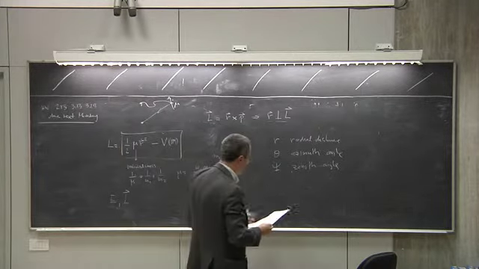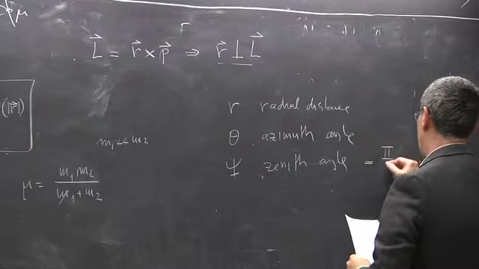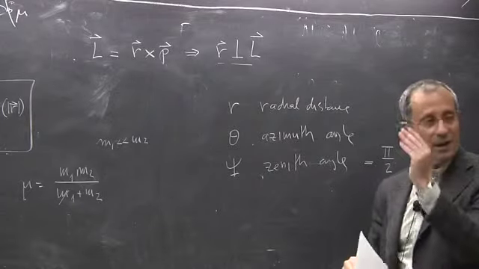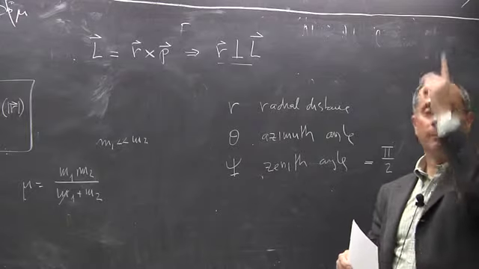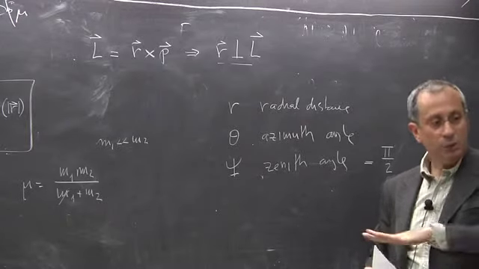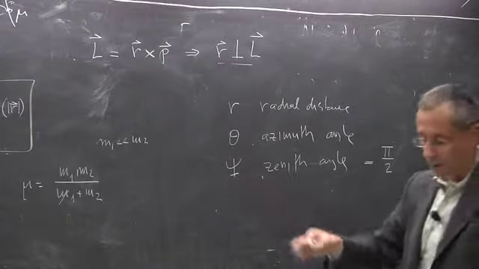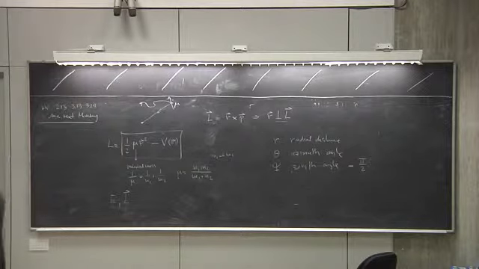And usually you get rid of this one. I fix it to be pi over 2. And that is good because this way this angle is fixed, it is the zenith. So it is the direction perpendicular to the plane in which the motion is taking place. Okay, so this is fixed. I don't have to worry about that, because, as I said, the motion is taking place in a plane.